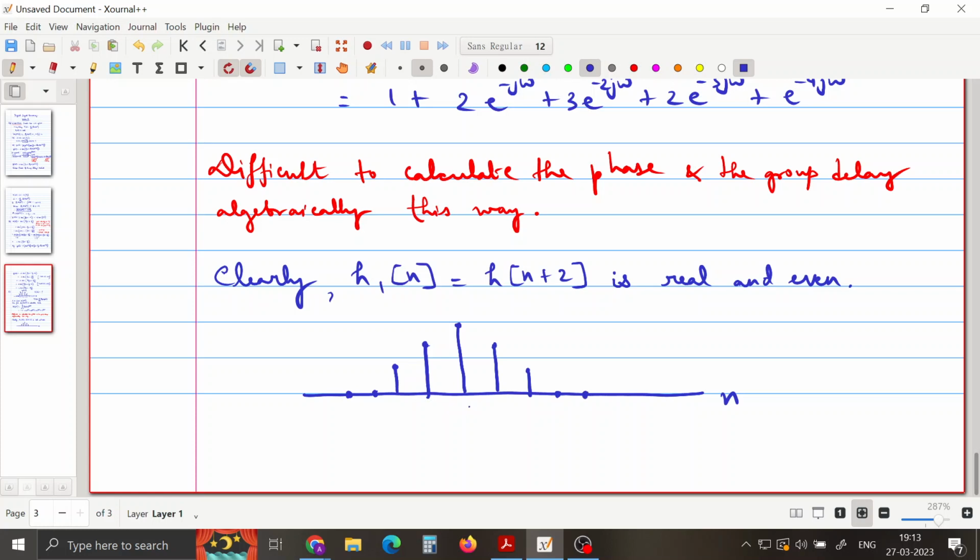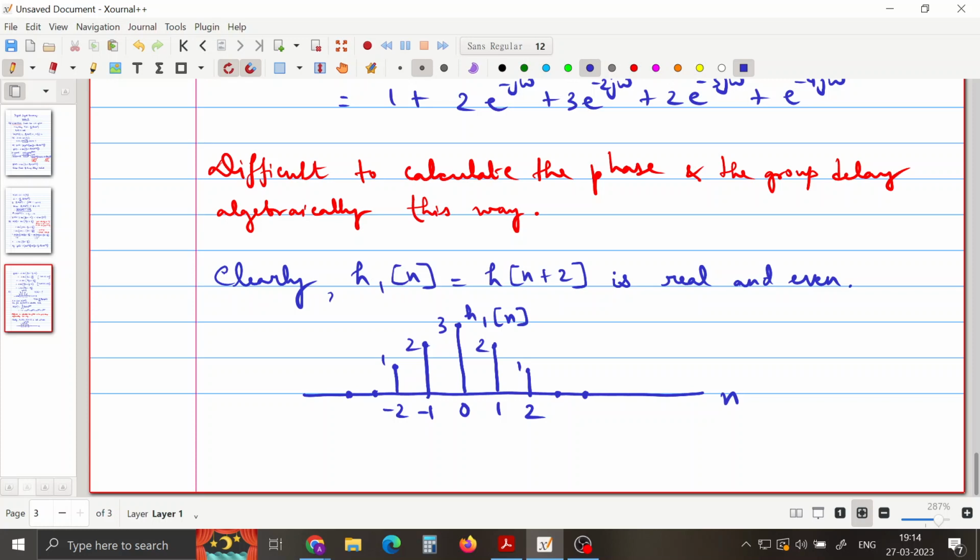Now it is symmetric about 0, and these amplitudes are like this. This is our h1 of n. Now, h1 of n is real and even.